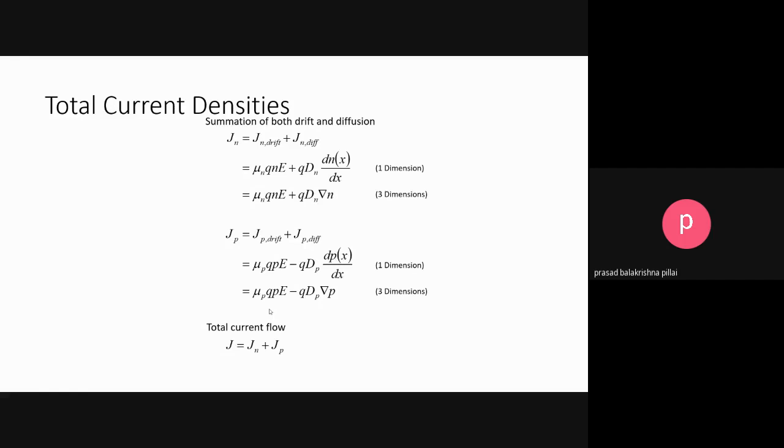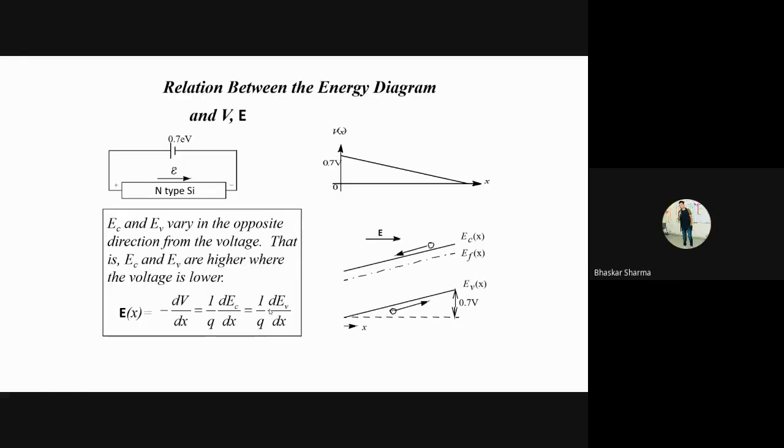Any idea? Half mv square, I think. No. Potential energy is Q into V, the electronic charge and the voltage.